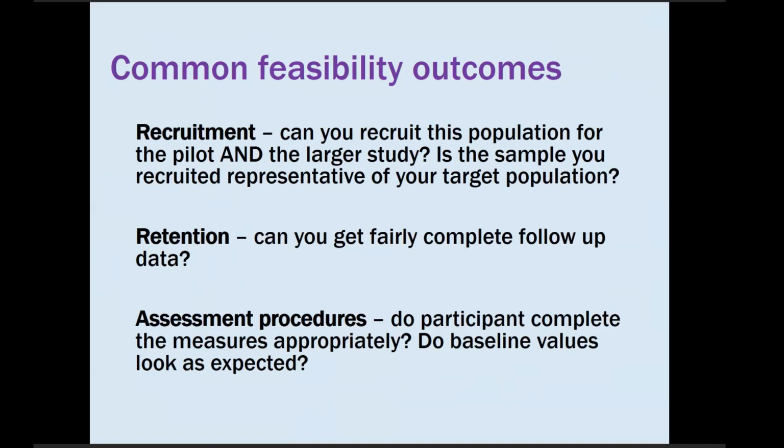Let me give you another example of that. I wrote a pilot study grant application to the NIH, and it was a site randomized pilot trial, and we needed to work with psychiatry clinics.